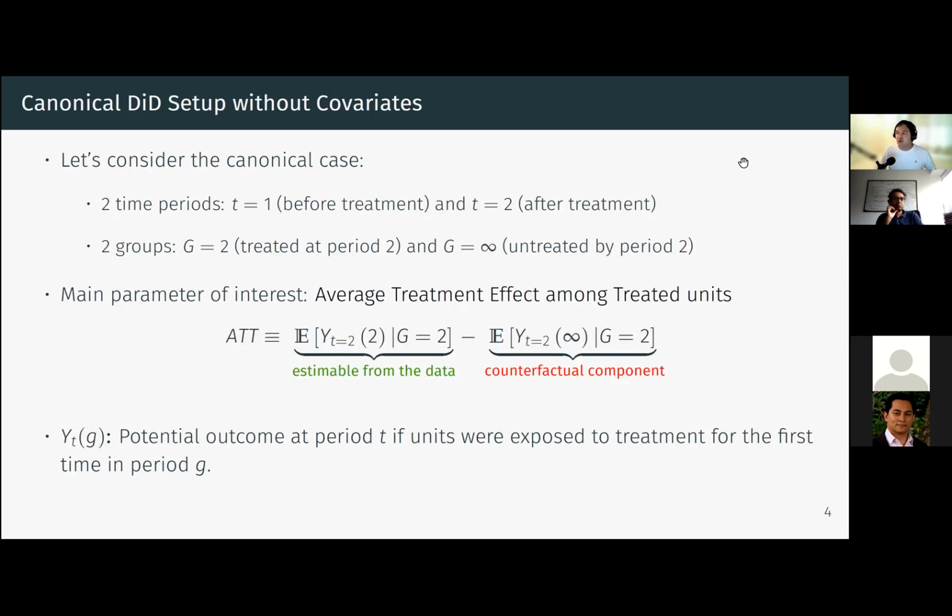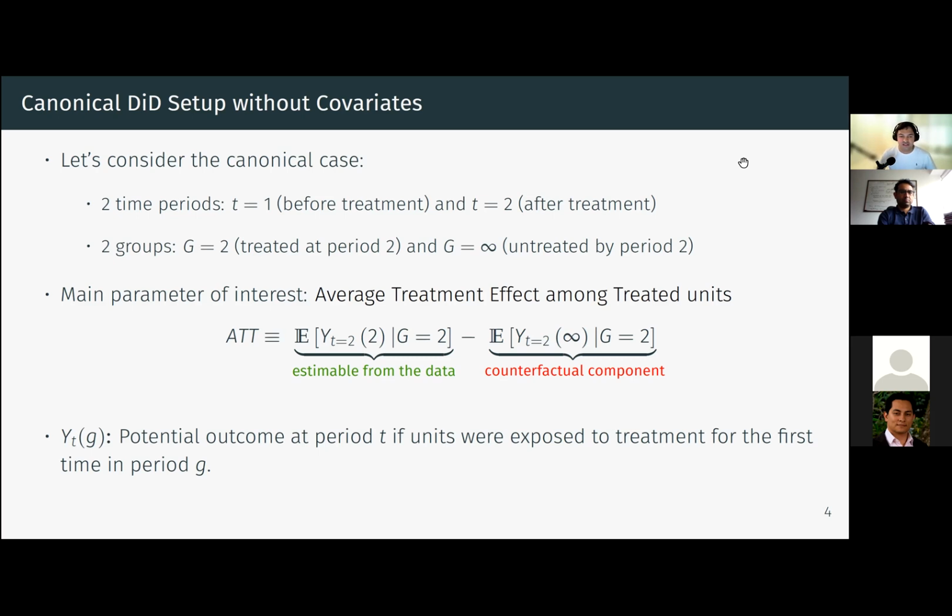So in the canonical case, on which I'm going to spend at least 5 to 10 minutes, I'm going to consider a setup where I have only 2 time periods. Time period 1 is before treatment takes place, and time period 2 is after treatment takes place. So t equals 1 is pre, t equals 2 is post. And I have only 2 groups. The group that is first treated in period 2, I'm going to denote by g equals 2.